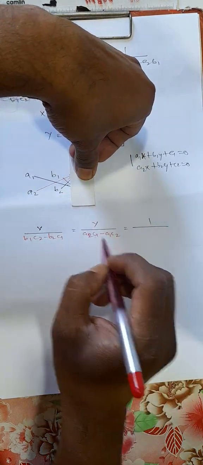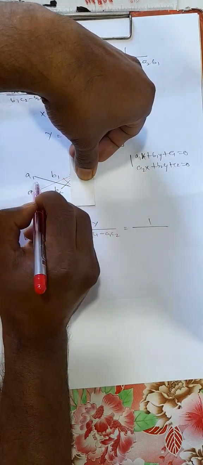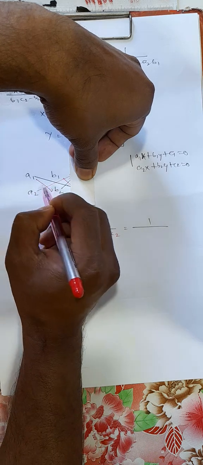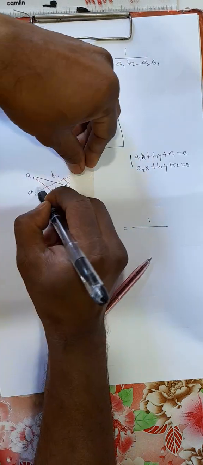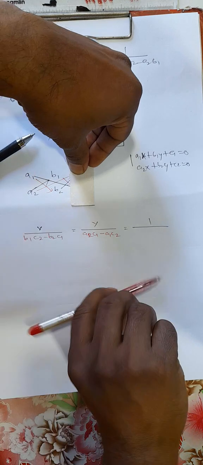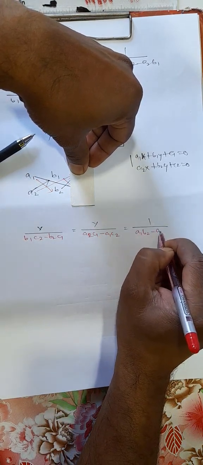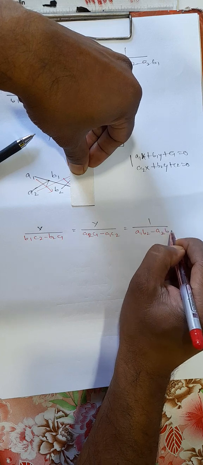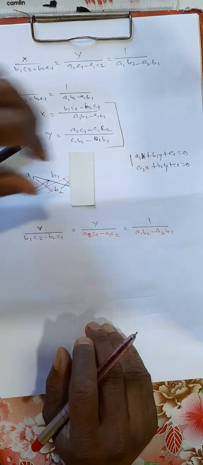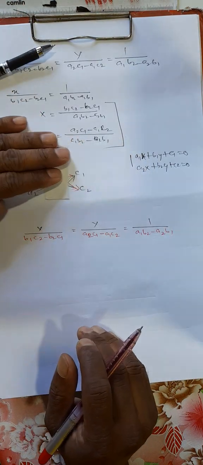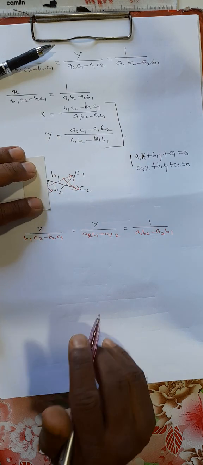Now let us multiply from this side first, and this is second. So a1 b2 minus a2 b1, right?